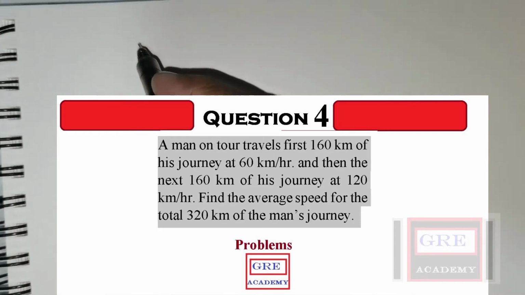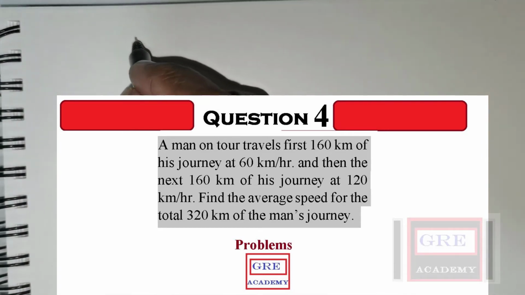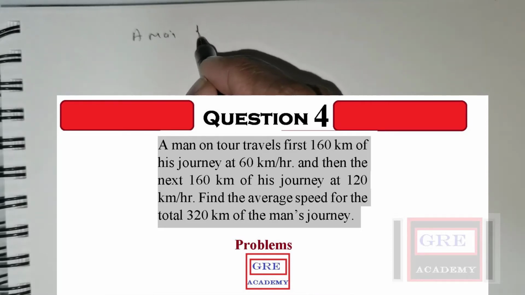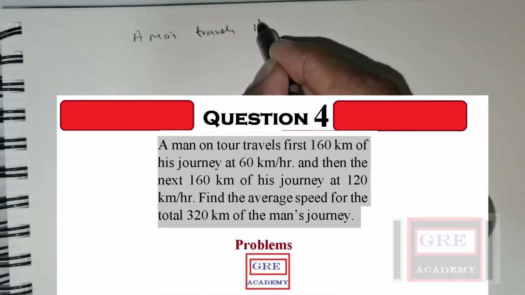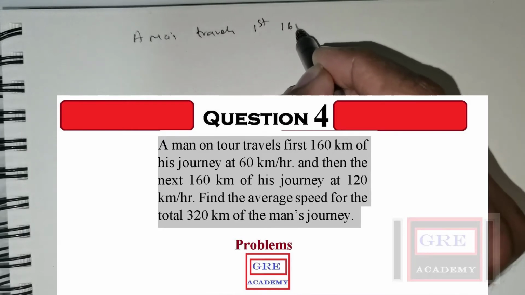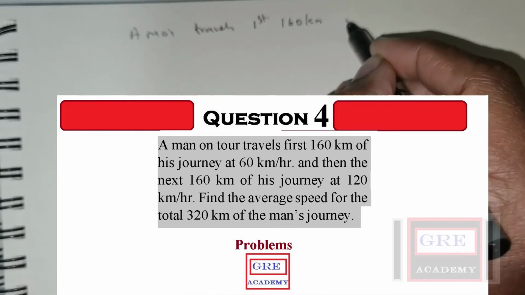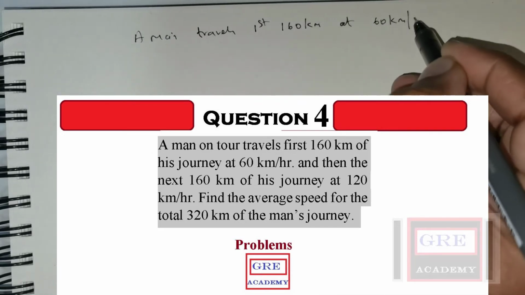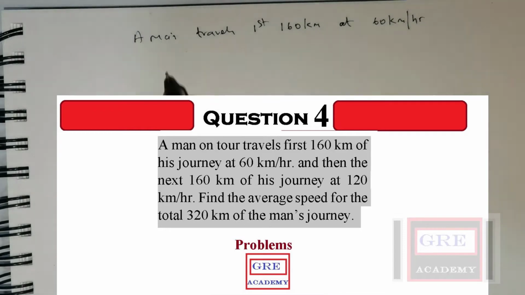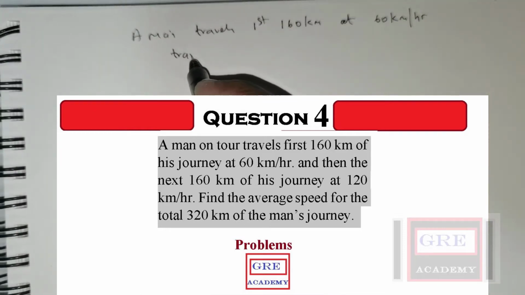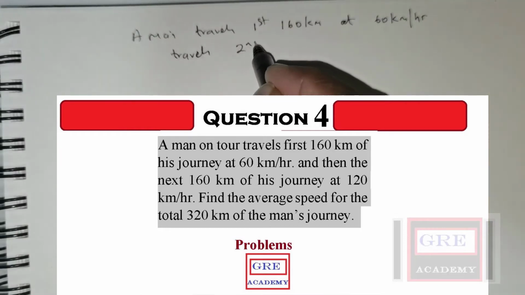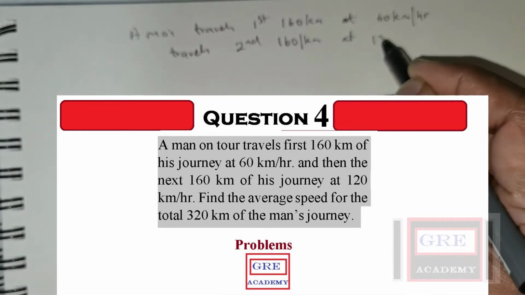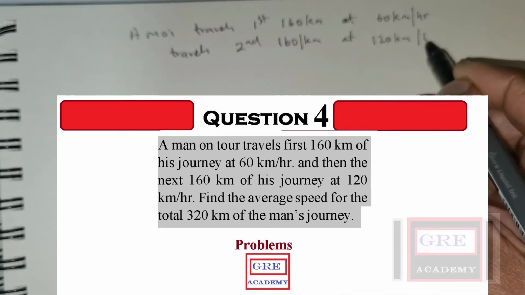Students, in this question we are given that a man travels the first 160 kilometers of his journey at 60 kilometers per hour, and then he travels the second 160 kilometers at 120 kilometers per hour.